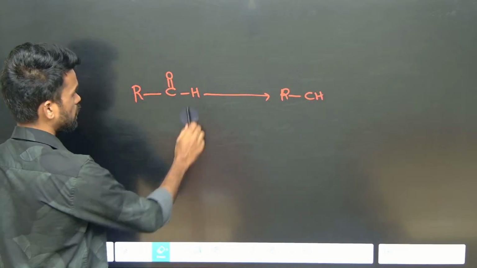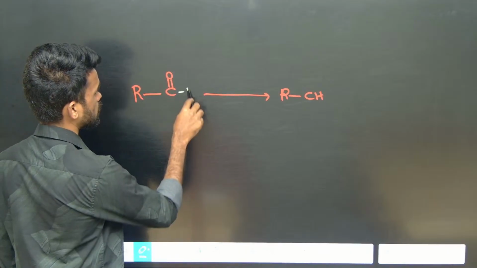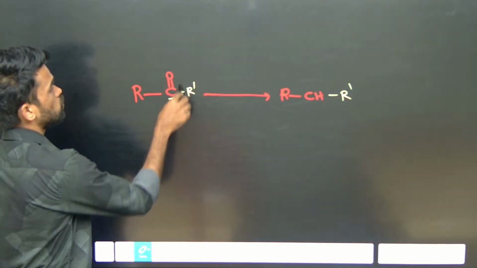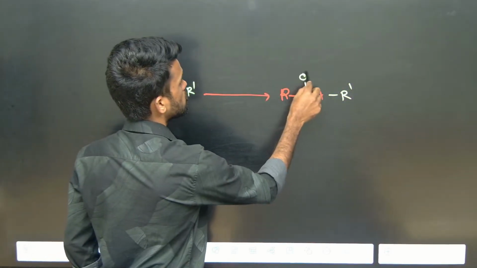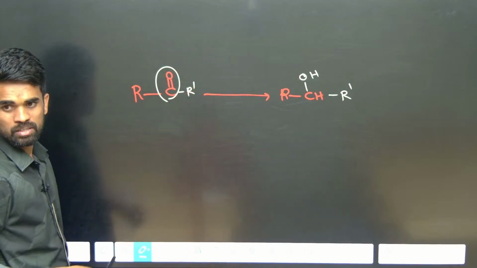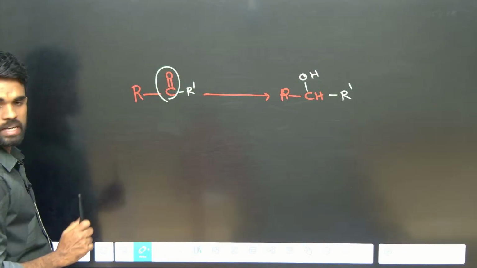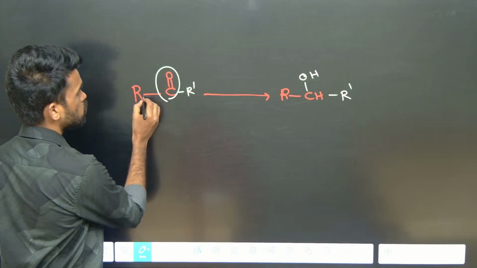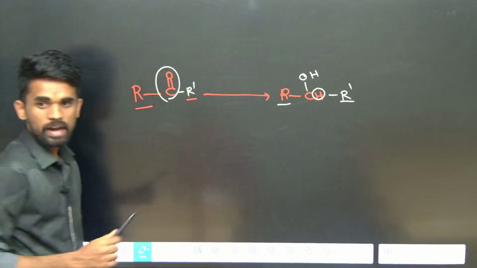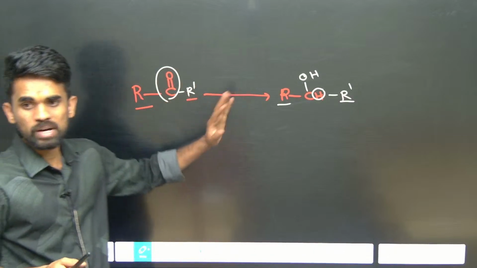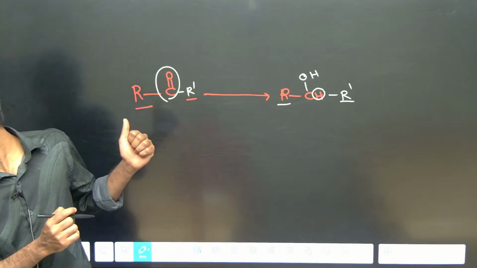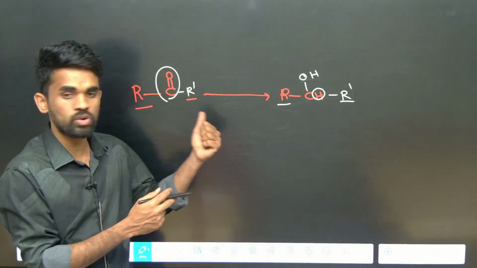For example, here one alkyl group is there, some R dash, which I write as it is, but I need to convert this C double bond O to COH. What makes the difference from here to there? OH, and here there are only alkyl groups, but there along with alkyl groups we have hydrogen. So addition of hydrogen, what is that process called? Reduction. So carbonyl compounds undergo a reduction process.